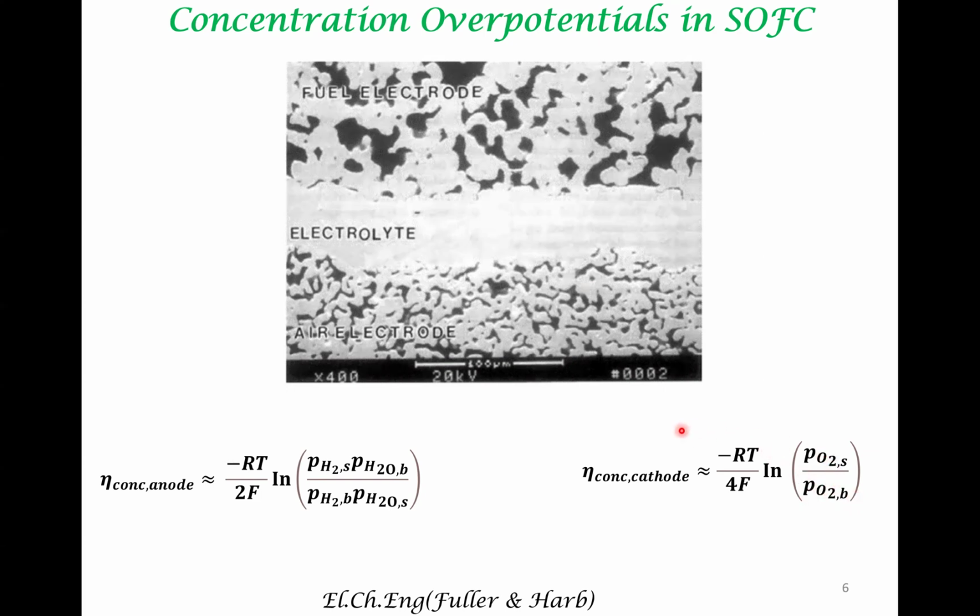So all these issues have already been elaborated in previous lectures when we dealt with concentration overpotential. If you are unsure of the basis for these expressions, you may refer to earlier lectures on transport in electrochemical systems, which we have presented in the playlist on Introduction to Electrochemical Engineering.